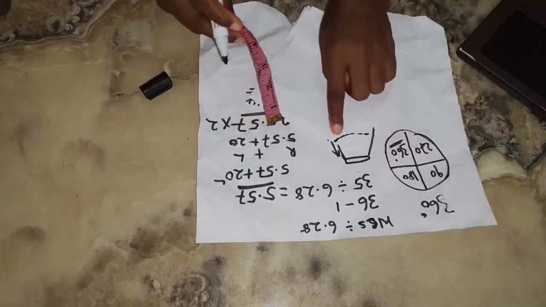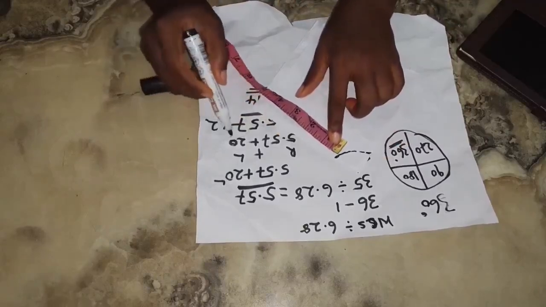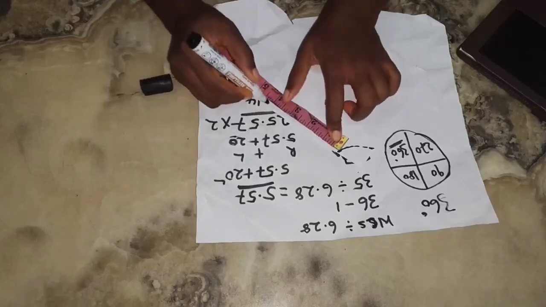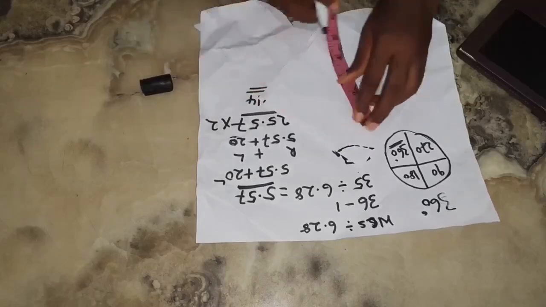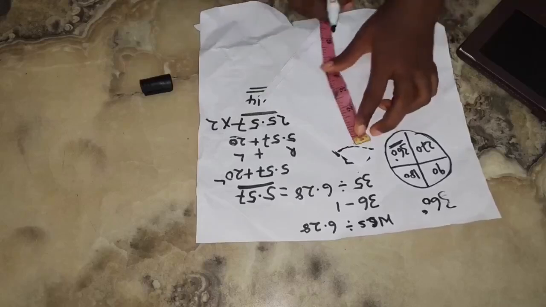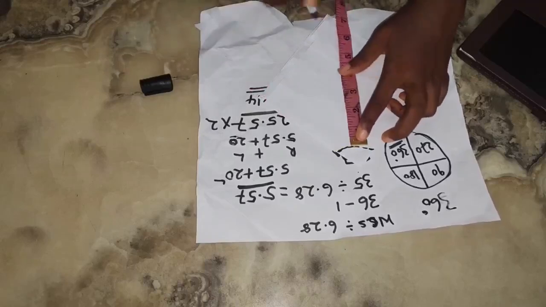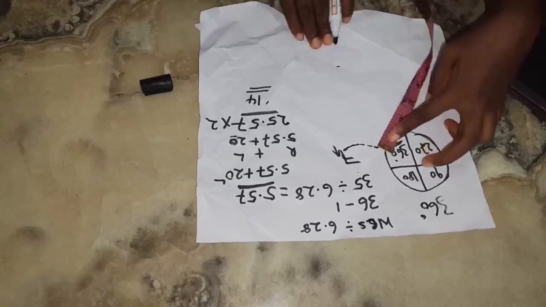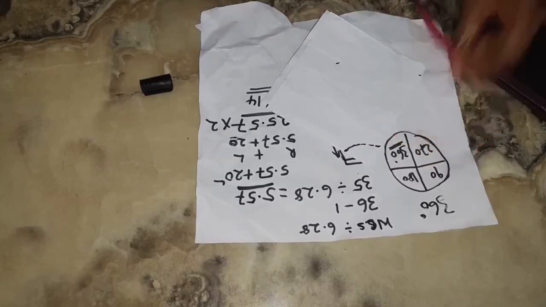And from here now, you will be marking the length, which is 20. The length of the skirt is 20, so you'll be marking the length of the skirt.